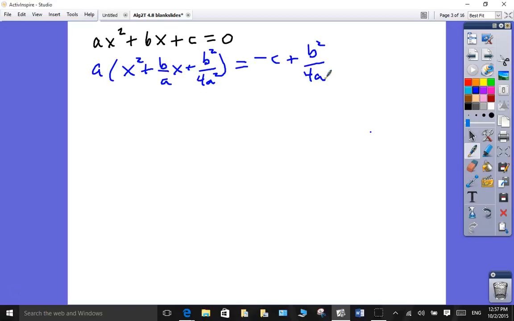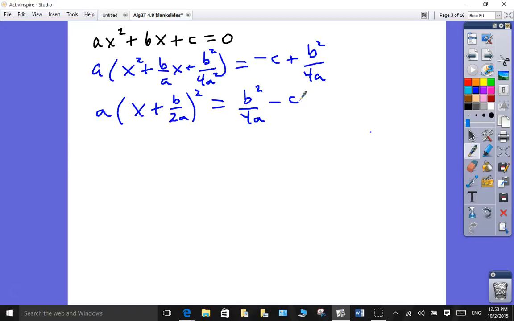Okay, now that gives us a perfect square trinomial, which is x plus b over 2a squared equals, and I'm going to switch sides here, b squared over 4a minus c. Okay, now how could I combine the two terms on the right?